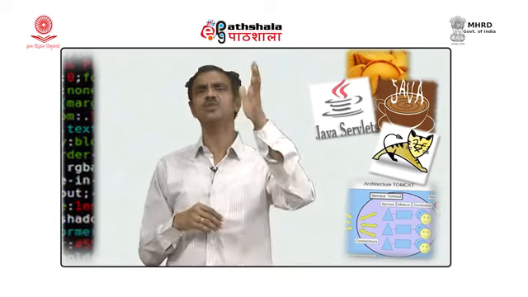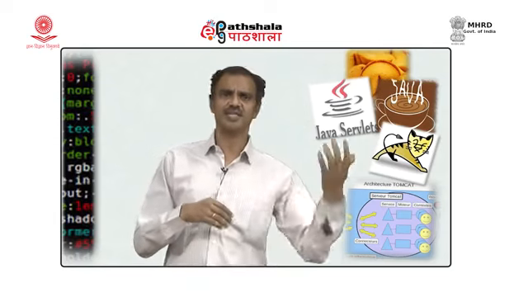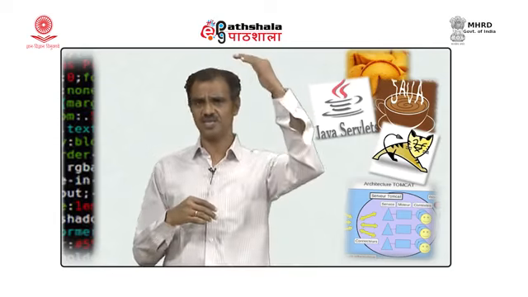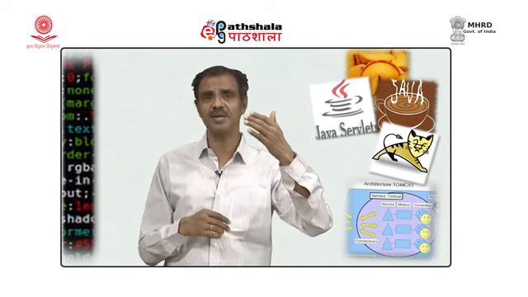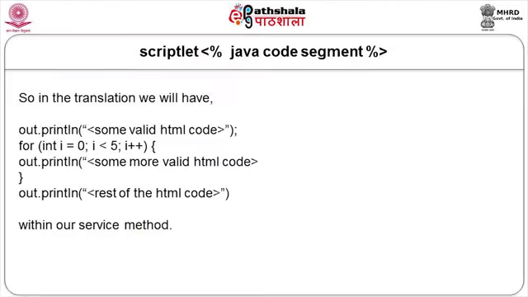If I include this, in the translation there is out.println for all the things before the scriptlet, and then we will have the for statement which we inserted in the scriptlet, and then there will be out.println repeated for the portion which is not a scriptlet, and then we have the scriptlet which is going to end the for loop, and then it will continue with the out.println for the rest of the HTML part.